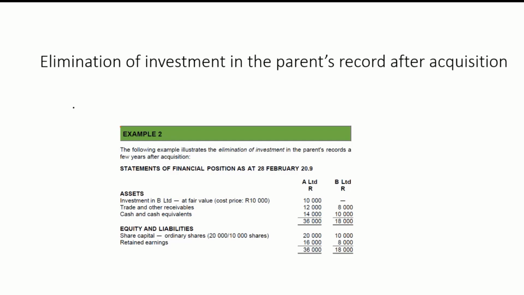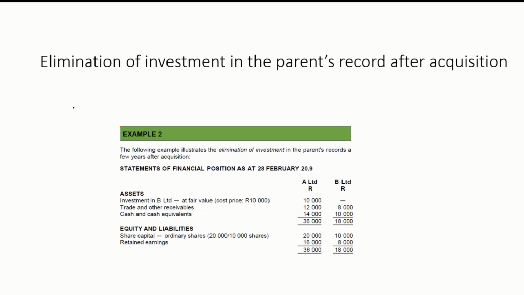Then B also made an entry in their financial statement: debit bank 10,000 and credit share capital. So that share capital of 10,000 under B has to be eliminated, and the investment in B Limited of 10,000 under the assets has to be eliminated, because they are common transactions which need to be eliminated.